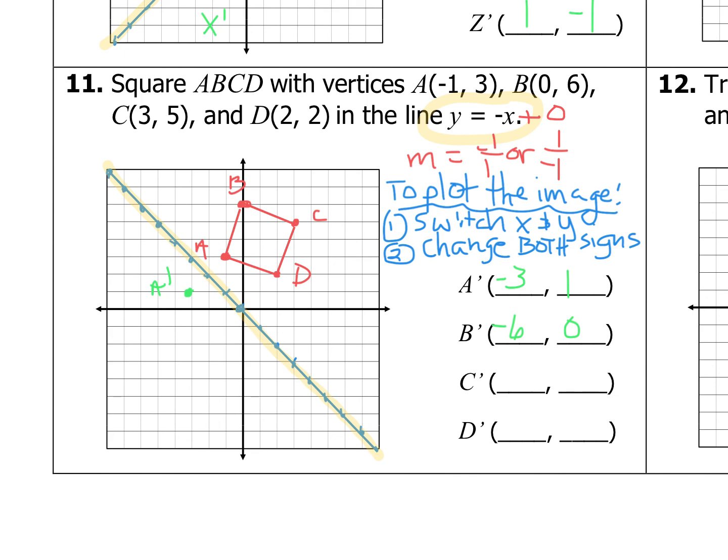All right, so then let's plot that. That means I'm going to go left 6 and up nowhere. So that becomes B prime. And you can see that the B's are equal distance from that line of reflection. Then for C, I'm going to flip-flop these and change the signs.